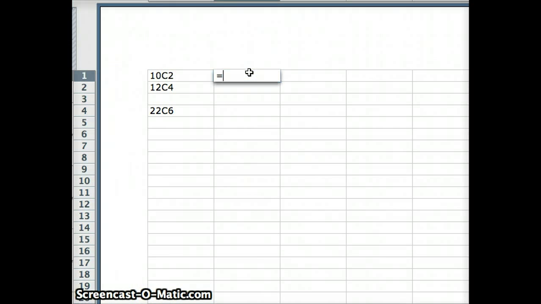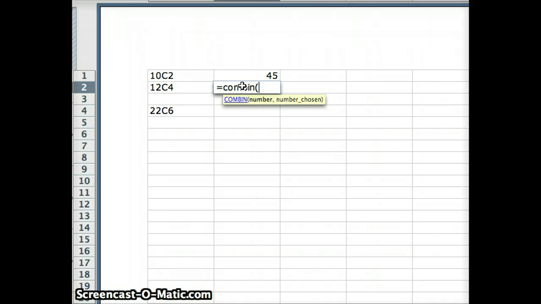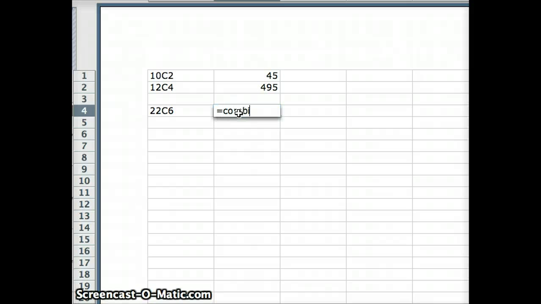For 10 choose 2, we type equals combin 10, comma 2. For 12 choose 4 equals combin 12, comma 4. And for 22 choose 6, we're going to say equals combin 22, comma 6.